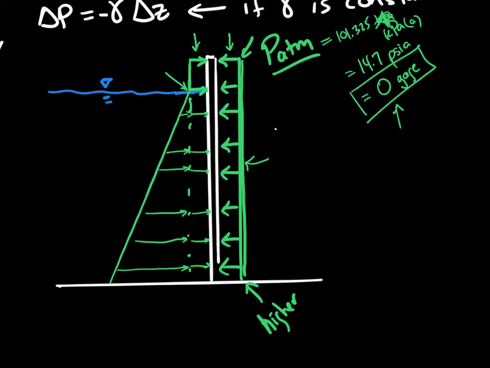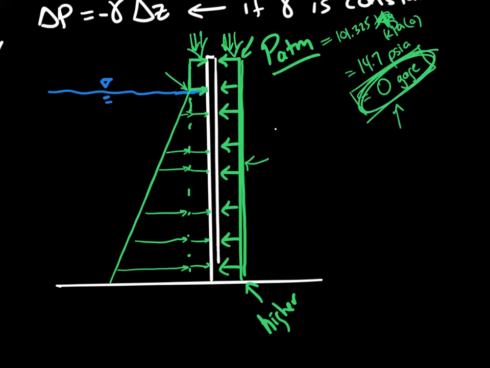If I'm looking for the net effect of the water on the dam, or the net force on this dam and how strong the dam has to be and what kind of forces it has to hold up, I can make note of the fact that all of this force over here cancels with this force over here. So instead of worrying about it, I'm just going to call this thing zero gauge.